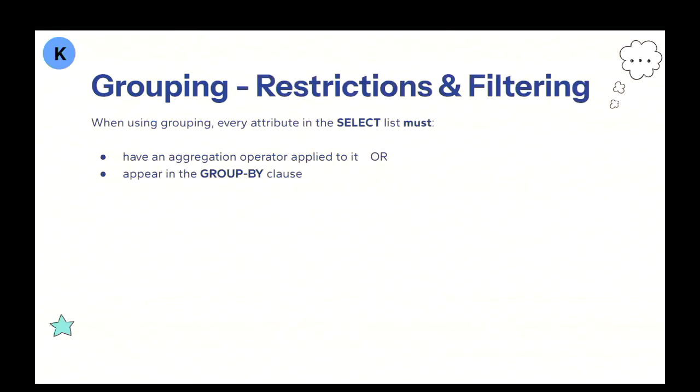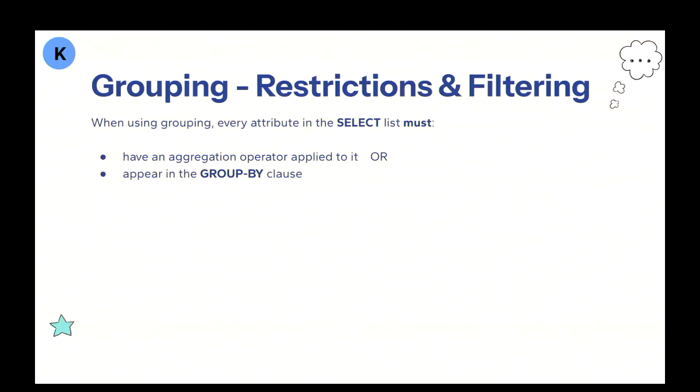Remember that there are some restrictions for using GROUP BY. If we want to use it inside a select query, the attributes following the SELECT must be either applied to an aggregation operator, or they should appear in the GROUP BY clause.